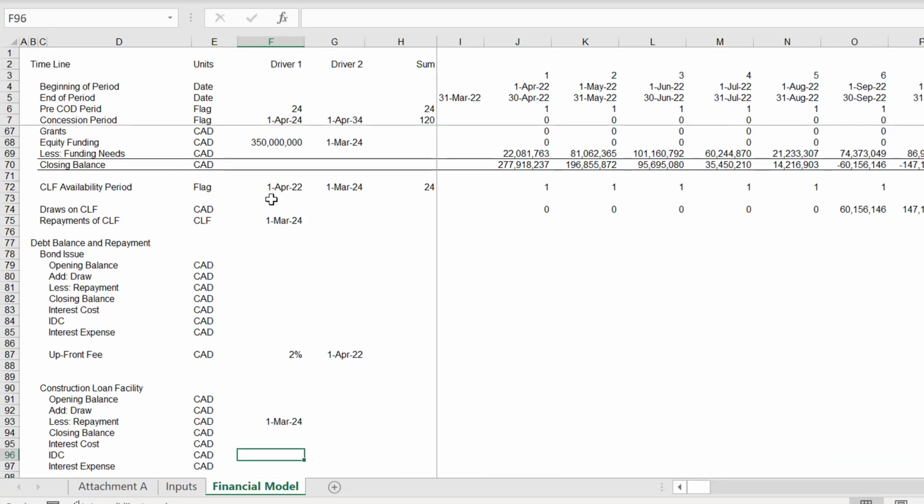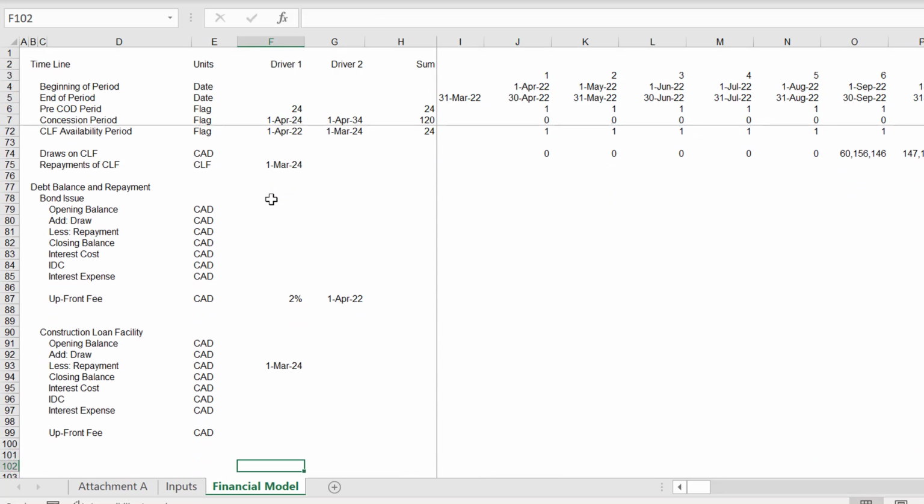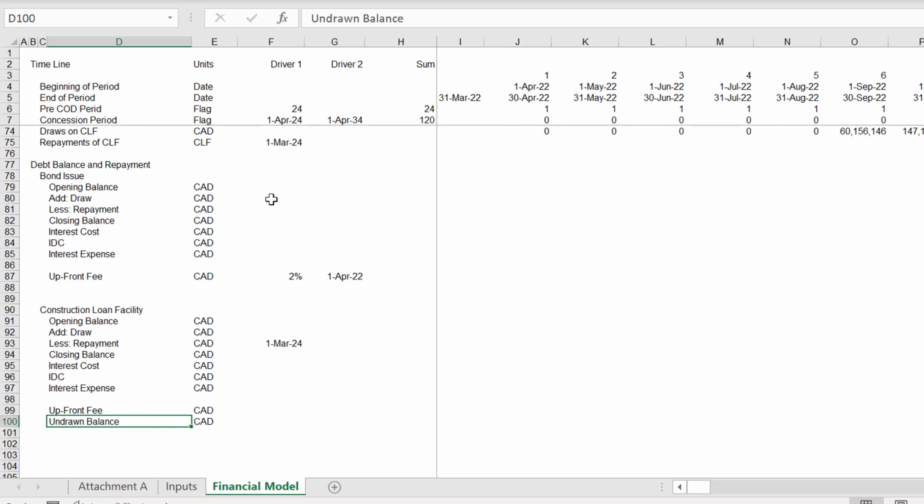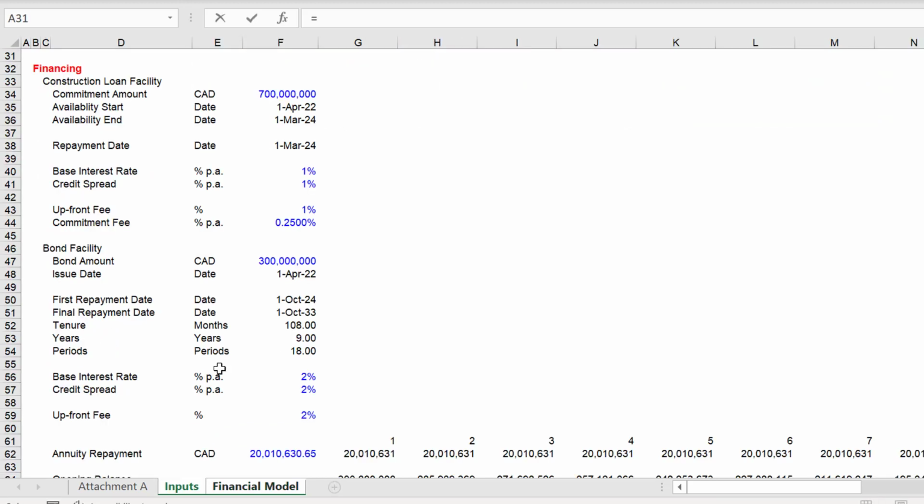So we have this date, and then we have the upfront fee, but this time we have an undrawn balance, and we put that in Canadian dollars. And then we have the commitment fee. And this time we have to be a little bit careful here because this commitment fee, this is 2%.